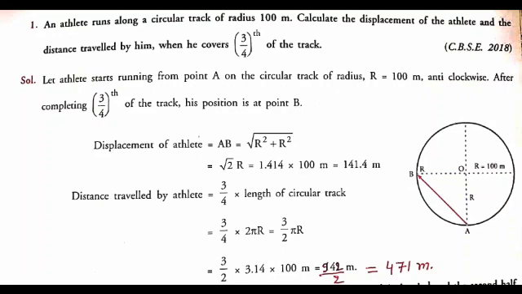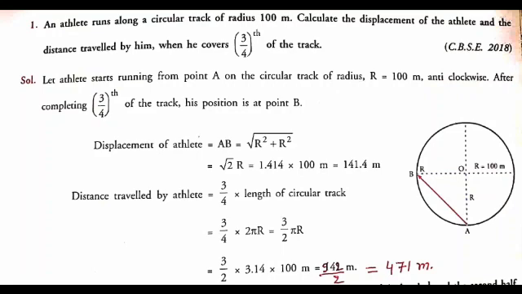Let the athlete start running from point A on the circular track of radius r is equal to 100 meter, in anti-clockwise direction. I am considering here the motion of the athlete in anti-clockwise direction. After completing 3/4 of the track, his position is at point B as it is shown here in the figure.